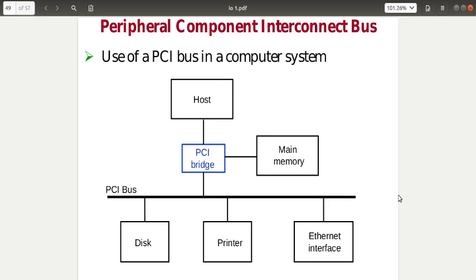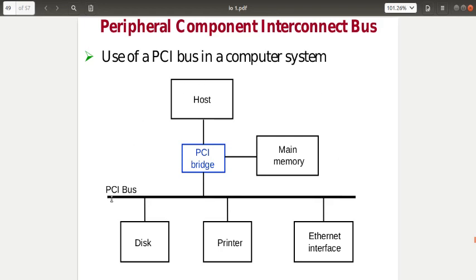But the PCI bridge and PCI bus are sort of an interconnection bus which connects our main device, which is our processor, to multiple peripheral devices. That is how this PCI bridge and PCI bus structure comes.